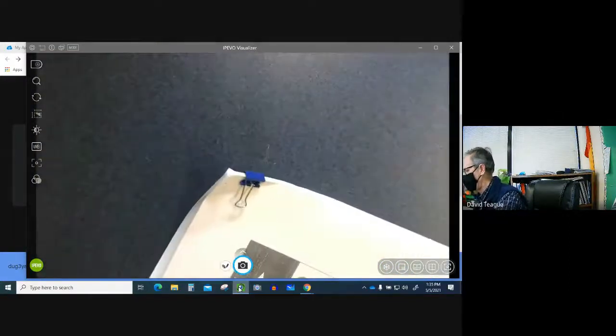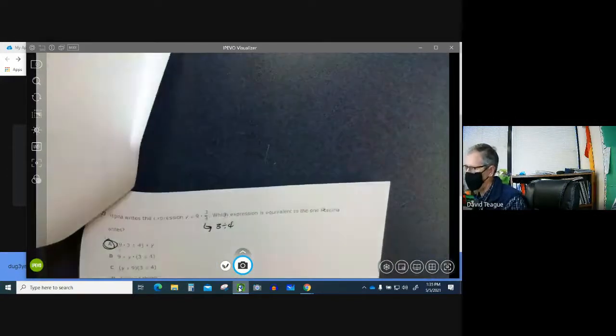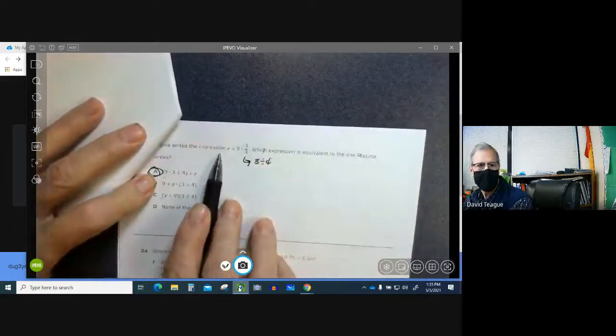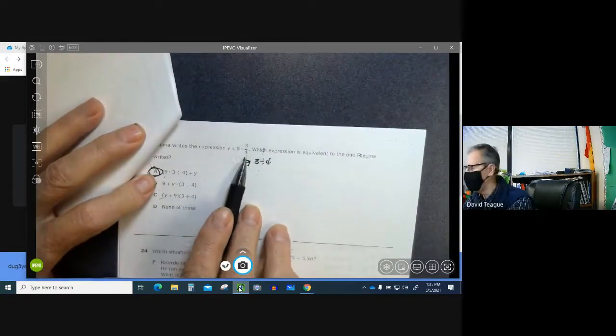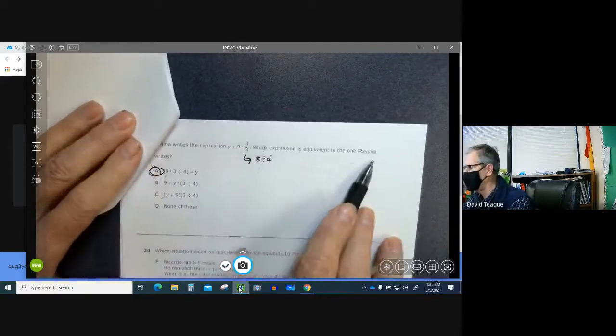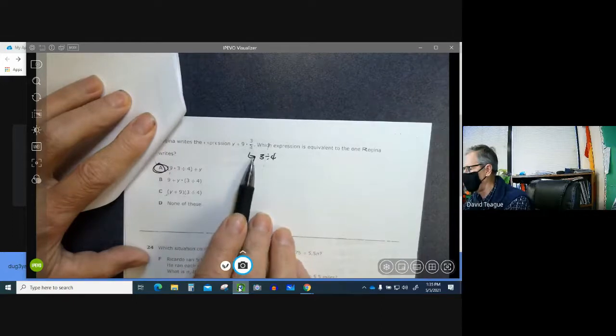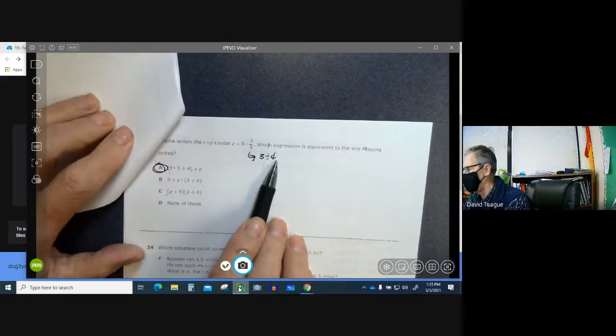23 is on page 20, right? And here we have an expression, y plus 9 times 3/4. It says find an equivalent expression, right? And all they did was rewrite the fraction as 3 divided by 4, right?